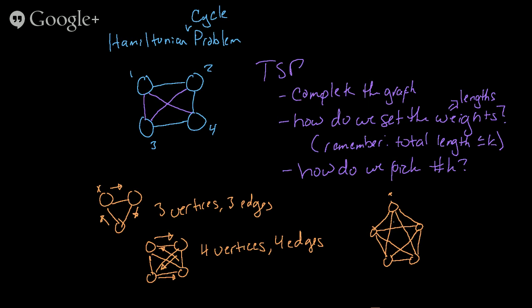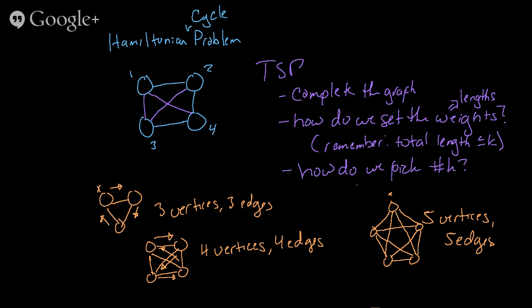If you drew a star, like some of us like to do, it would be 1, 2, 3, 4, 5. Any other path you could possibly want to take, I hope you see the pattern. If you have 5 vertices on a complete graph and you want to do a traveling salesman, it's going to take you 5 edges. Okay, so now you ask yourself, how does that help us at all?